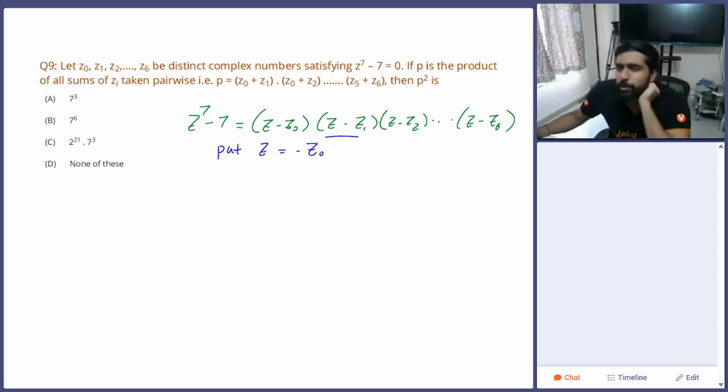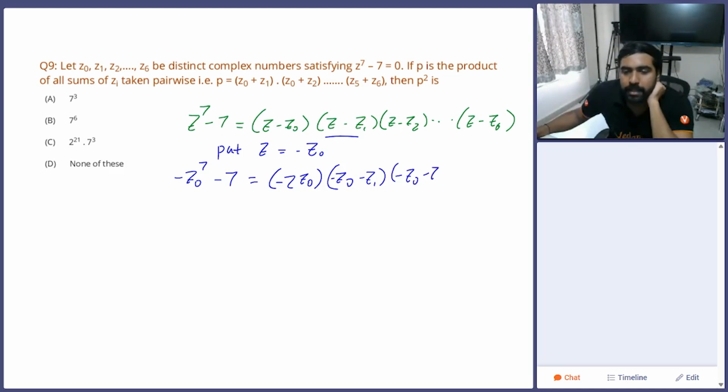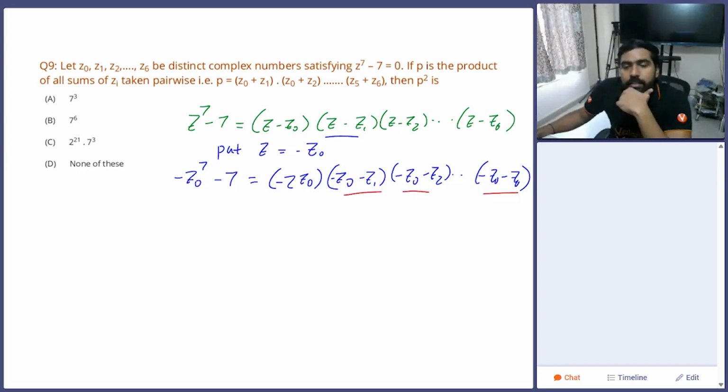So let me put z equal to minus z0. What will I get? I'll get (minus z0) power 7 minus 1 equal to (minus z0 minus z0), that is minus 2 times z0, into (minus z0 minus z1) into (minus z0 minus z2) till (minus z0 minus z6). Over here, these are z1, z2 till z6, an even number of terms, and if I take minus common from all of them, I can directly cancel that minus out.